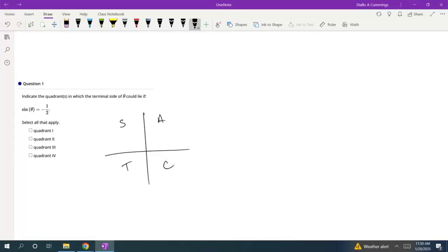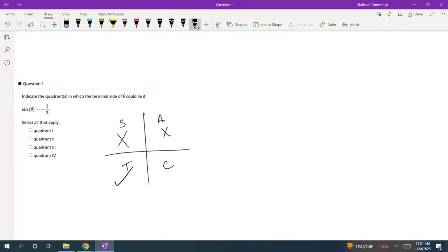Well, in the first quadrant, all 6 trig functions are positive, so that angle can't be in the first quadrant. In the second quadrant, the sine and its reciprocal, the cosecant, are positive, and we want a sine value that's negative, so that angle is not in quadrant 2. However, in quadrant 3, the only positive trig functions are the tangent and the cotangent.